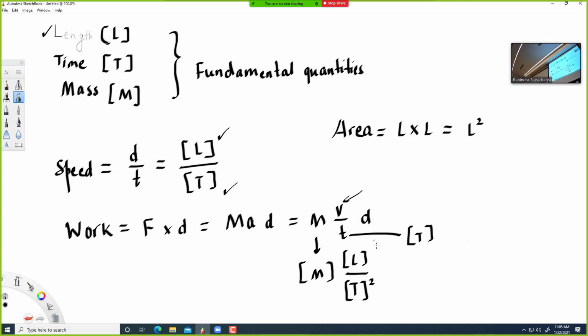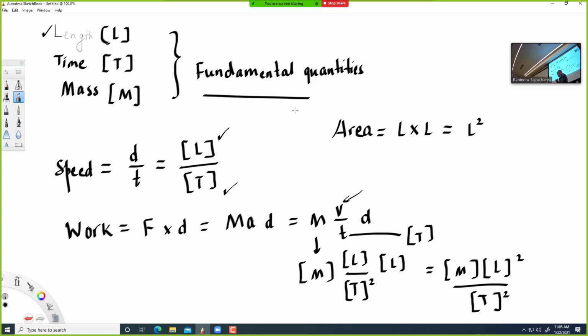And we have d here. d is also a kind of length, so L. Okay, so we have M L squared over T squared. You see, those are the quantities involved in work, okay? And they are all derived from the fundamental quantities.